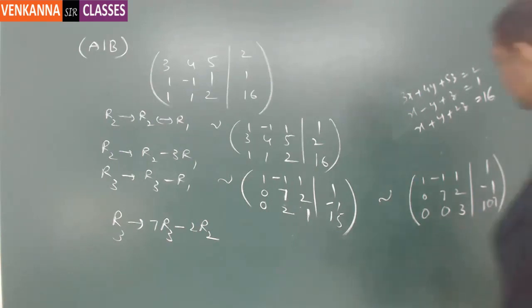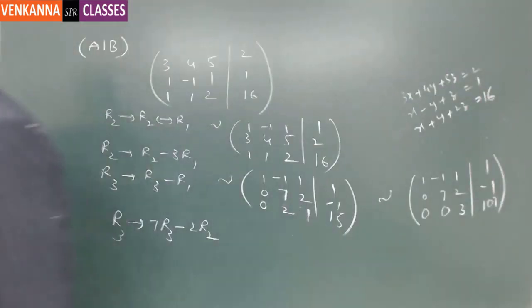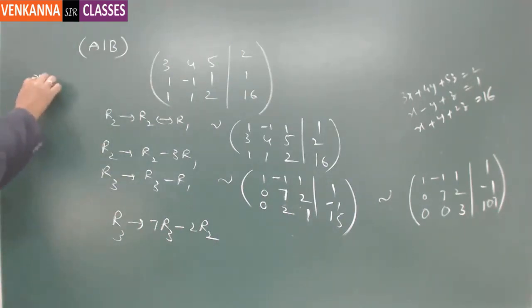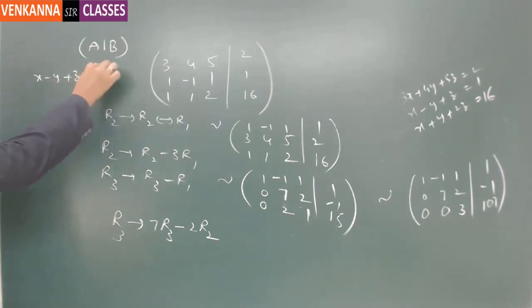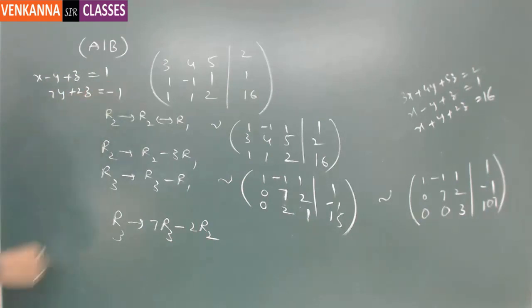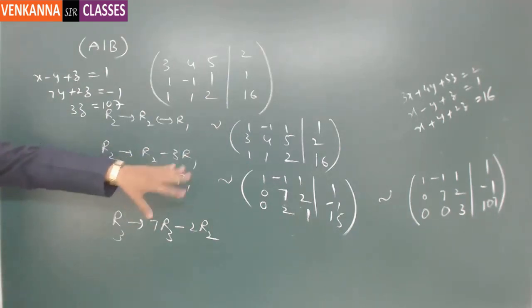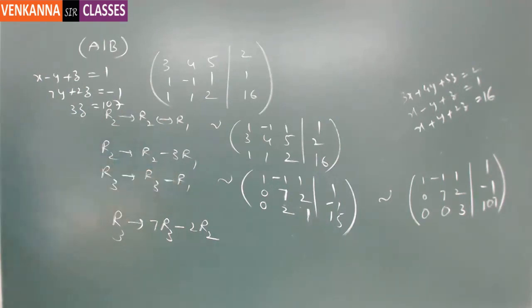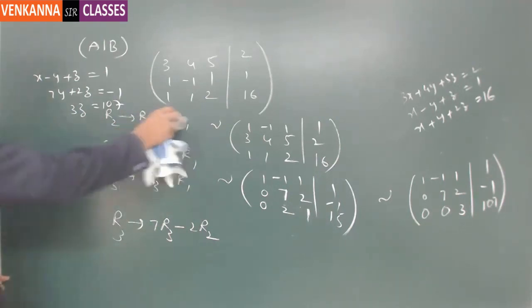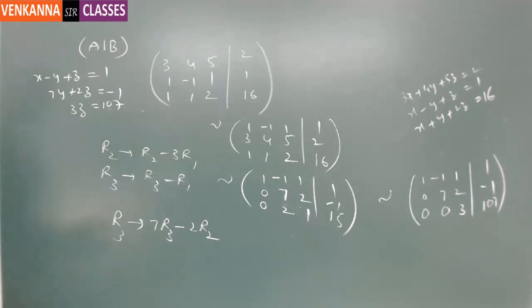Am I correct? Right. So we will write the respective equations as x minus y plus z is equal to 1, 7y plus 2z is equal to minus 1, and 3z is equal to 107. I think all of you agree with my computational values. I hope so. Am I correct here?